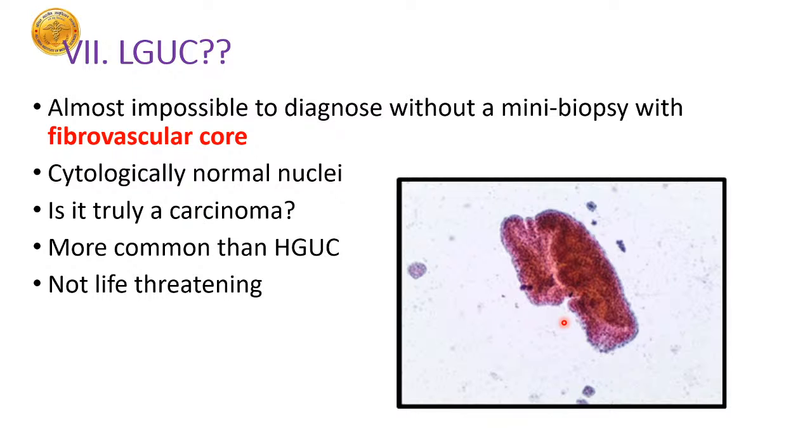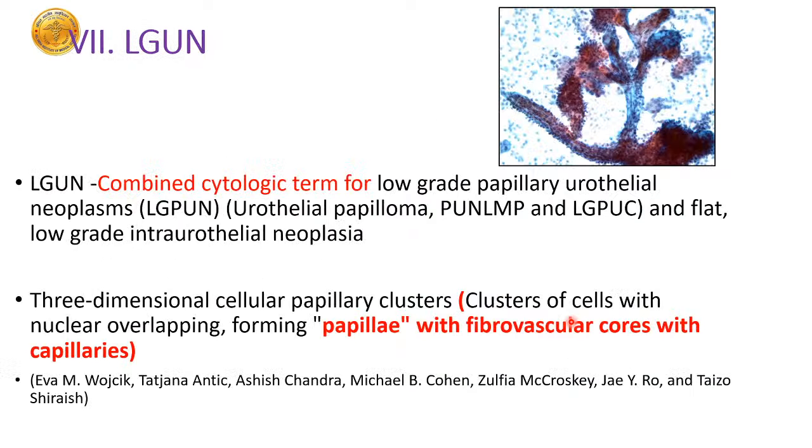Next slide, please. So they've changed it and called it low-grade urothelial neoplasm. They say these are three-dimensional fragments which should have a definite fibrovascular core. Look at this beautiful papillary fragment, and you see a fibrovascular core here. This is what they have chosen to call LGUN.